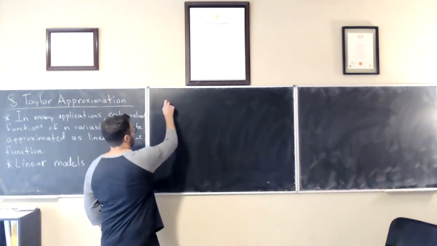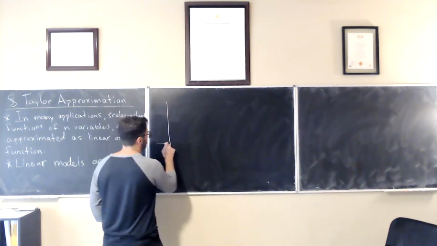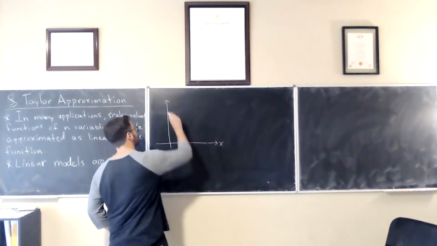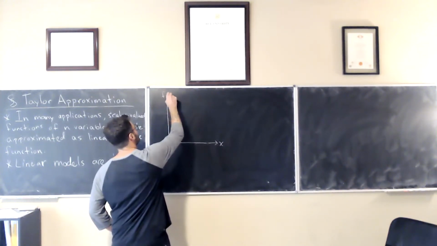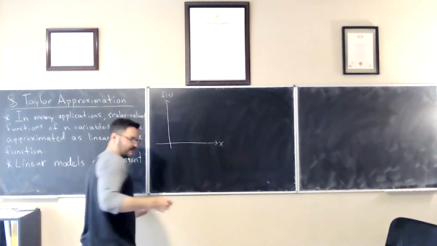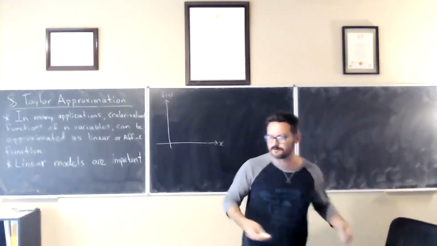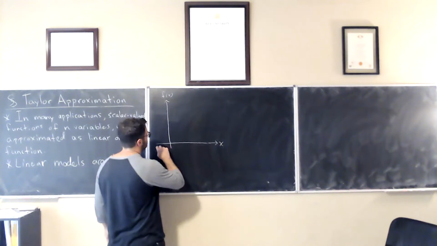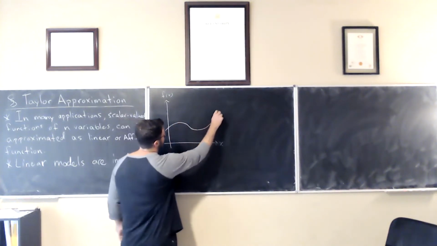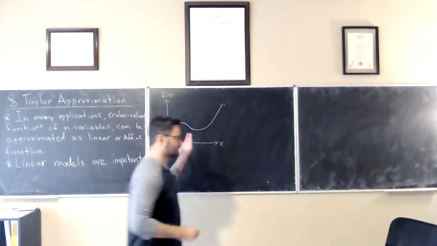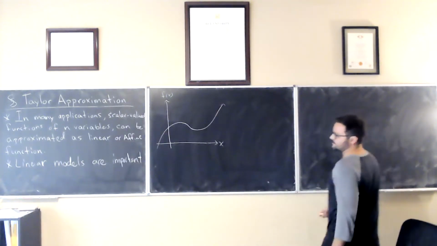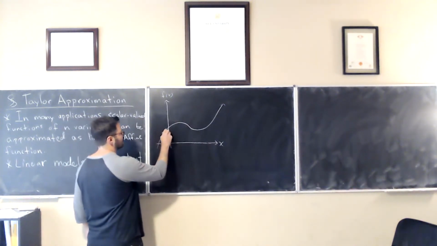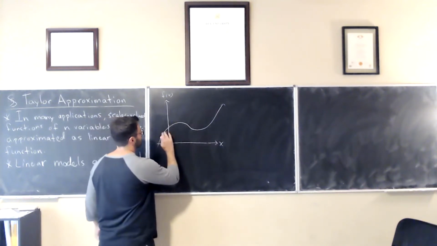To keep life simple, I'm going to draw a function of one variable. Just imagine that the data generating this function is nonlinear. Let's suppose the true, perfect function looks something like that, and that the data is close to this function. Maybe we don't have any negative values.